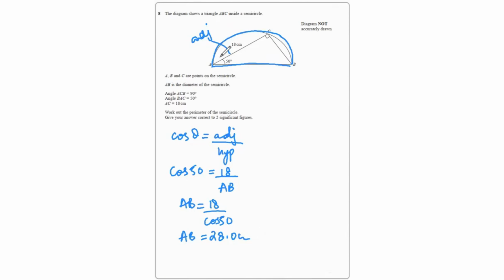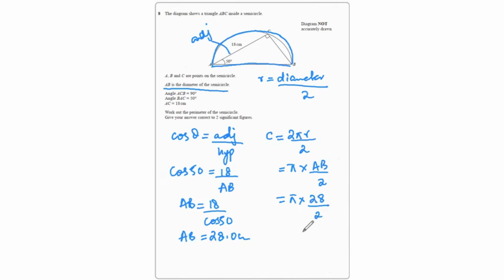Next thing we need to do is find the arc length ACB. So for that, we divide the circumference formula by 2. So 2 pi r divided by 2. So that's going to be pi times half of AB. Why half of AB? Because AB is the diameter of the circle. Radius is half of the diameter. So it's going to be pi times 28 divided by 2, which is pi times 14.